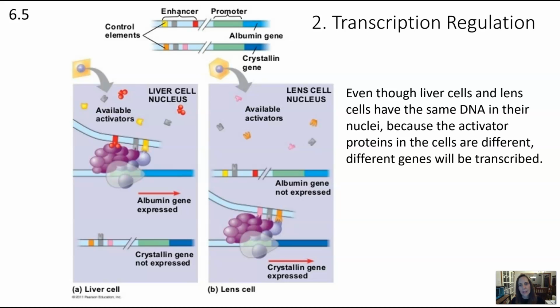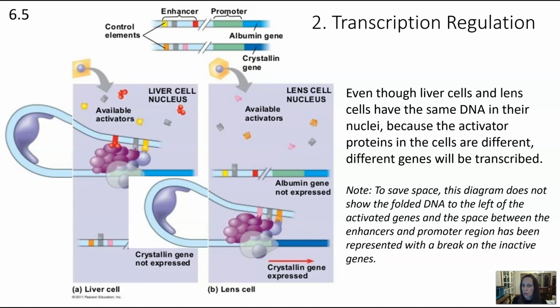Whereas in the lens, you get the opposite. The activators do not bind with the enhancer regions of the albumin gene, so that gene is not turned on and transcribed and expressed, whereas the crystallin gene is, because those activators are present in the region. So which activators are present, what proteins are available, controls the beginning of transcription, which eventually then controls what proteins we have.